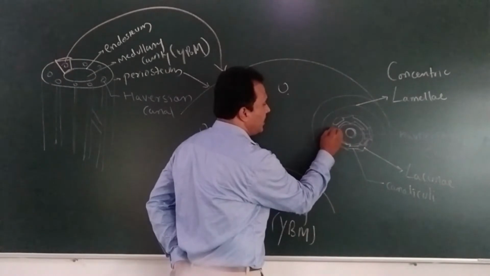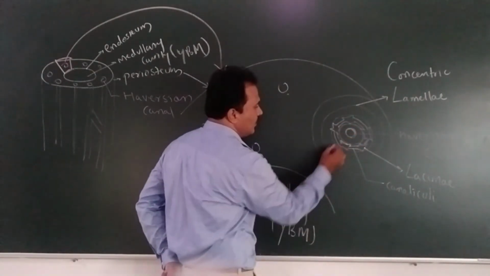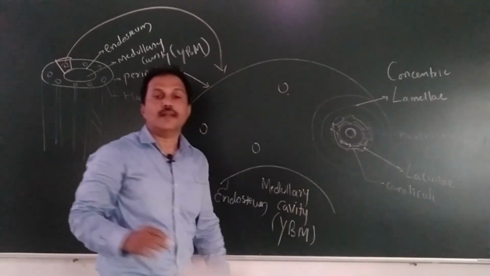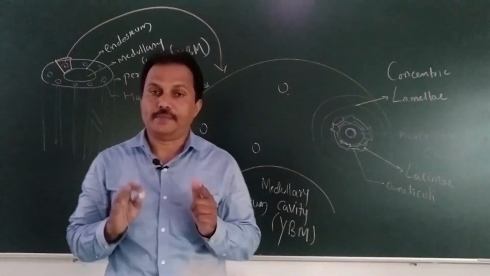Again, this irregular area is connected with another irregular space, and this is also canaliculi. In this way, all these lacunae are interconnected with the help of canaliculi.